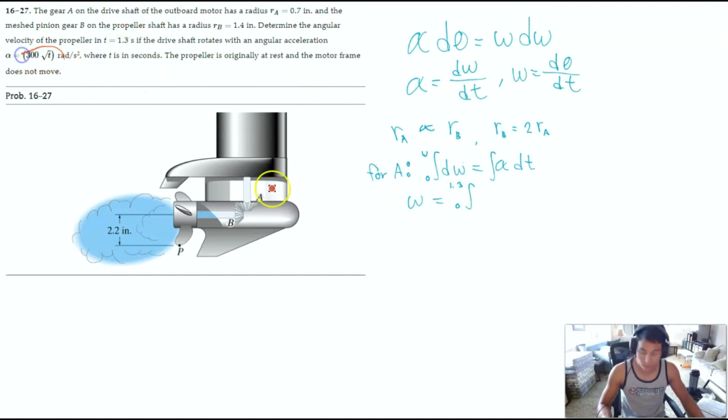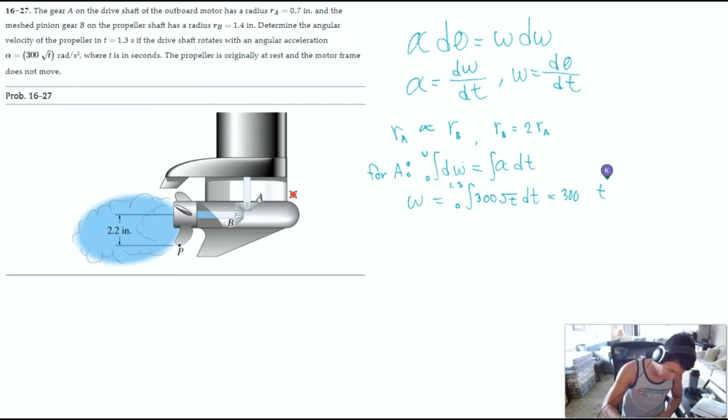And then we're going to insert the alpha function into here, so 300 square root t dt. And then we could see that this is going to become 300, and I believe t to the 3 halves divided by 3 halves, all evaluated from 1.3 to 0. So if all that's true, I should label this now ωA.